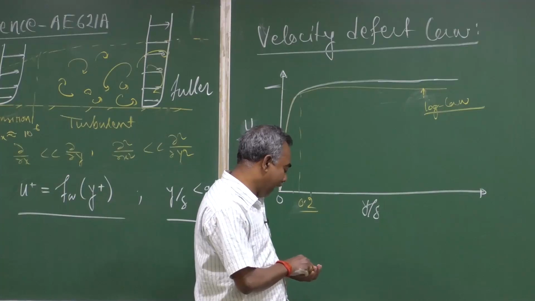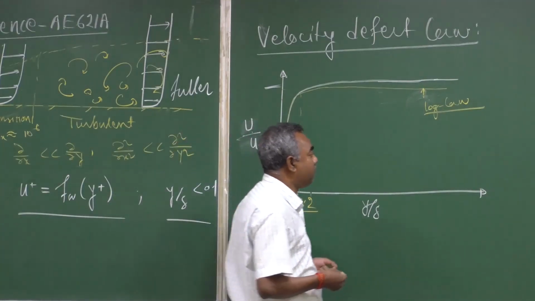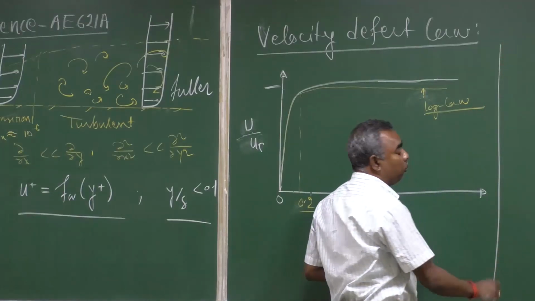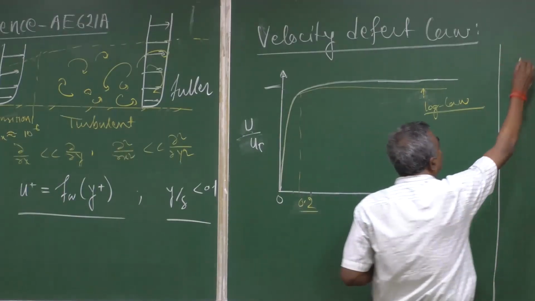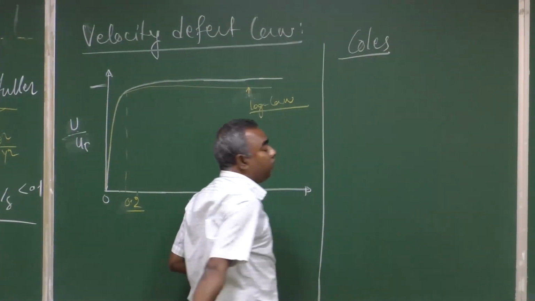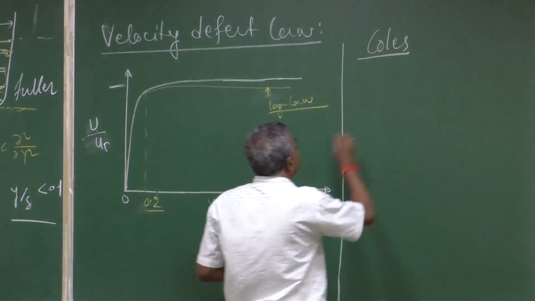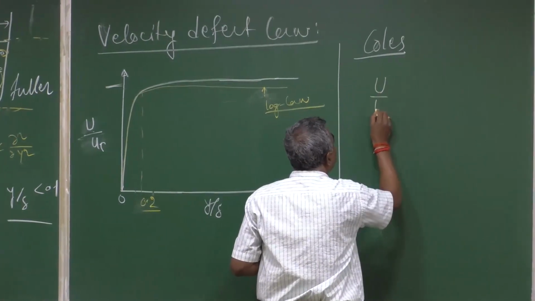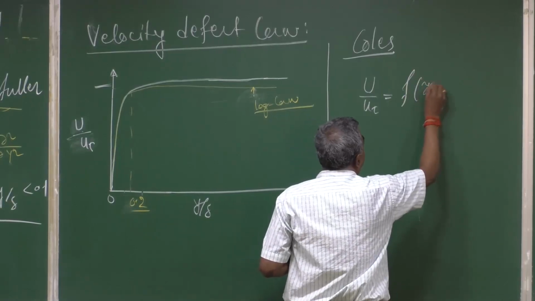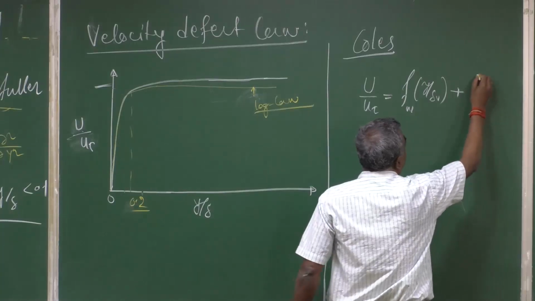Okay. So, actually what Coles did, sorry, not Van Driest, Coles, okay, he looked at many experimental data and proposed that this particular profile u by u tau can be expressed as a function of y by delta, a summation of these two functions.